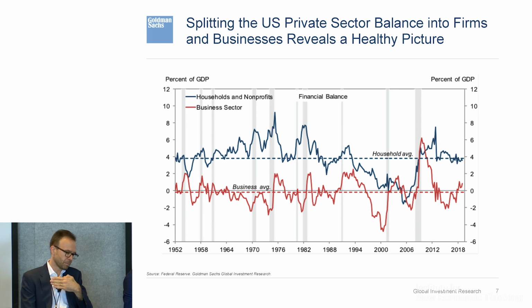And it's certainly at a high level, conditioning on the fact that we're quite deep into an expansion. And that continues to be true if you split the private sector balance into households and nonprofits on the one hand, and corporates, or rather the business sector, corporate and non-corporate, on the other hand. That comes as a surprise to some people.